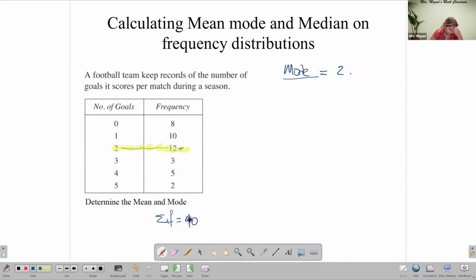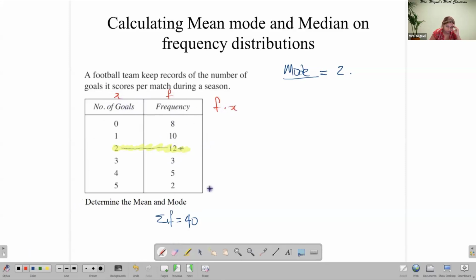So 40 numbers are represented in the table, and they're organized into this pattern here. So what we're going to do is to multiply. Instead of writing them out and adding them up, the faster way to do it is simply to multiply it out. So we put an X here and F for frequency, and we're going to simply multiply frequency times X, where X means the number of goals.